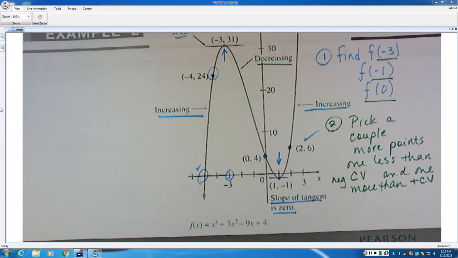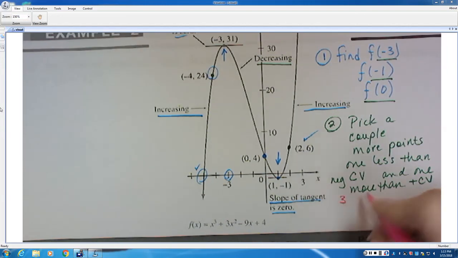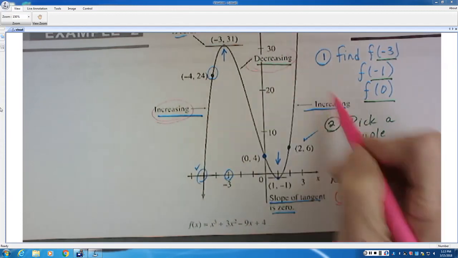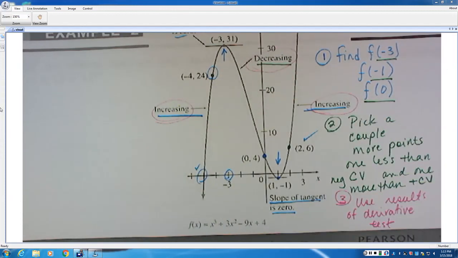And then use the results of your derivative test, which is this part, to know where to go uphill and where to go downhill to connect up those points. Okay?